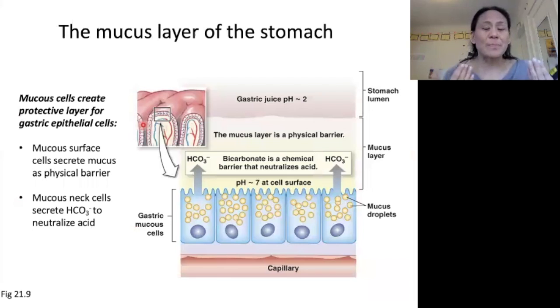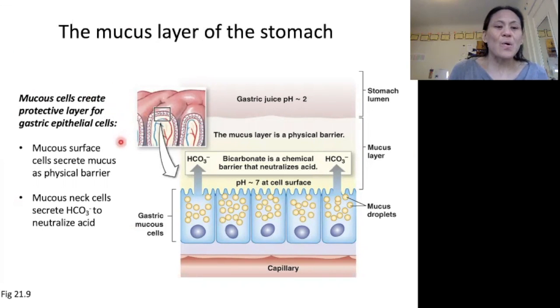And that poses a potential problem for the epithelial cells of the stomach, right? They could easily be damaged by that low pH that we have in our stomach acid. So how do we prevent that from happening? That's where the mucus cells come in.